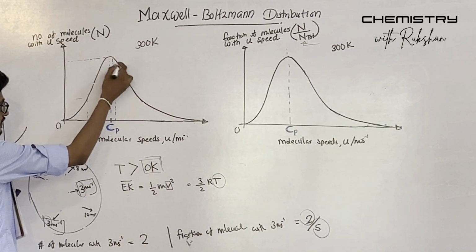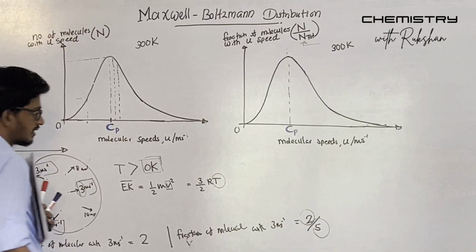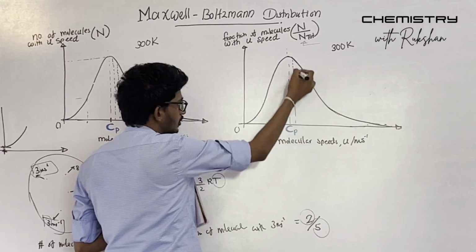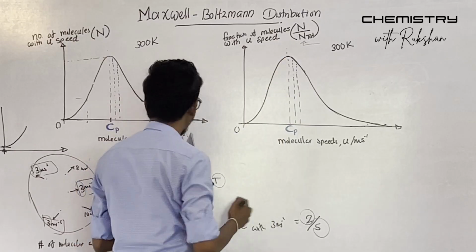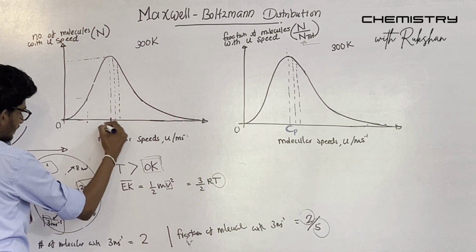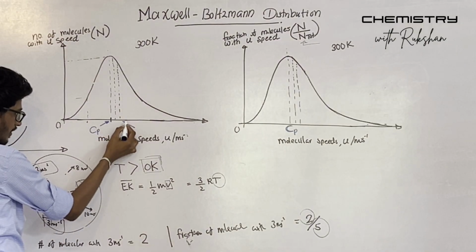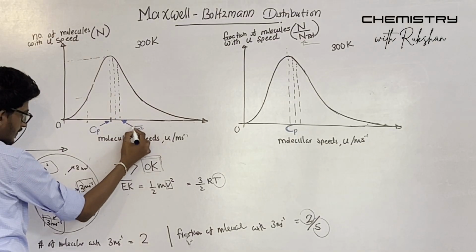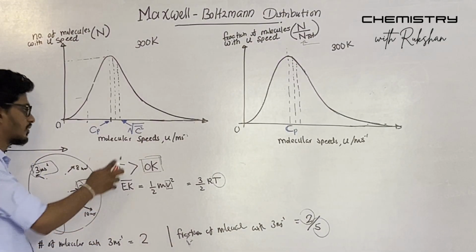One is c squared bar, the other is the average speed. You should be able to come up with those two speeds as well, right? This is the maximum probable speed, c peak, and here you have the c squared bar, the square root. You can't have the c squared bar here.